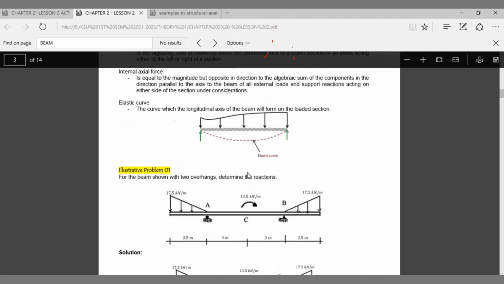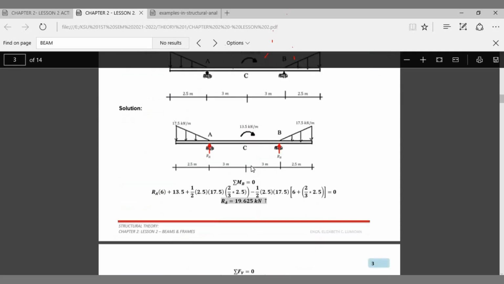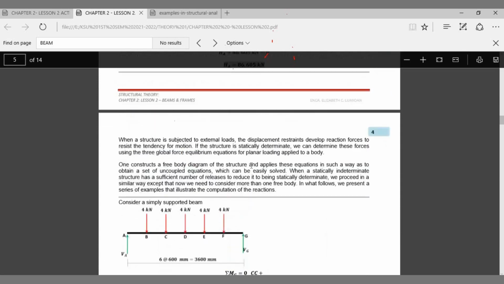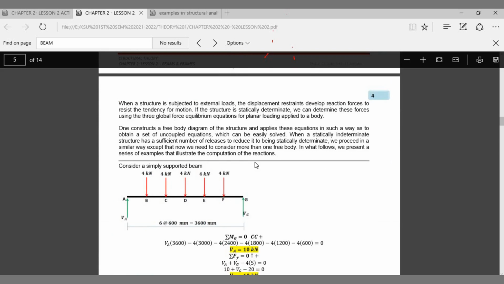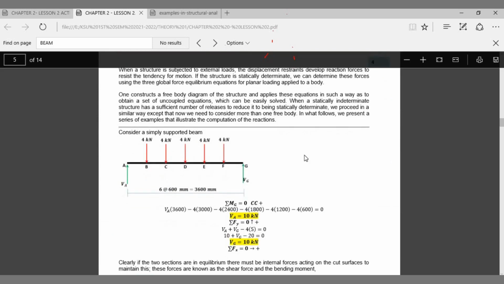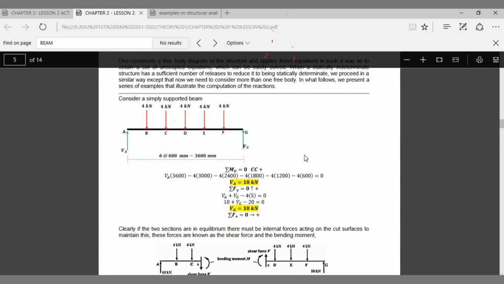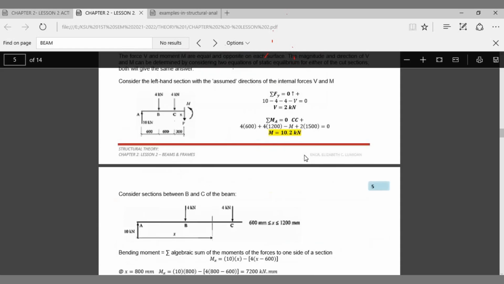Now, I just want to go back doon sa may notes ninyo. Dito sa notes ninyo, especially dito sa may page 4, and if you happen to open your notes here, may part dito na diniscuss regarding the steps on how to draw the shear and moment diagram.